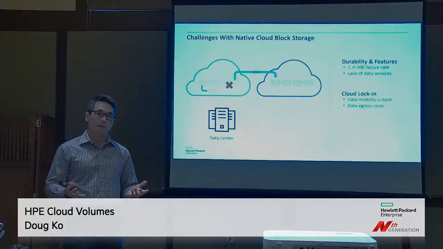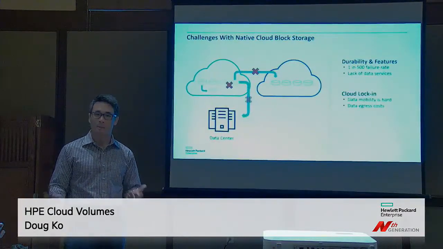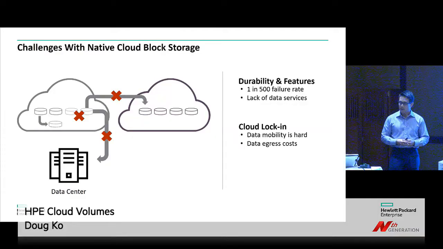The second challenge is cloud lock-in, and people have talked about this before. The area associated with this is really twofold. There's always some level of lock-in, whether you're using on-prem or using cloud. But within the cloud and within data and storage, there are a few things that make it worse. Number one is the more data you have, the more difficult it is to move that data around.